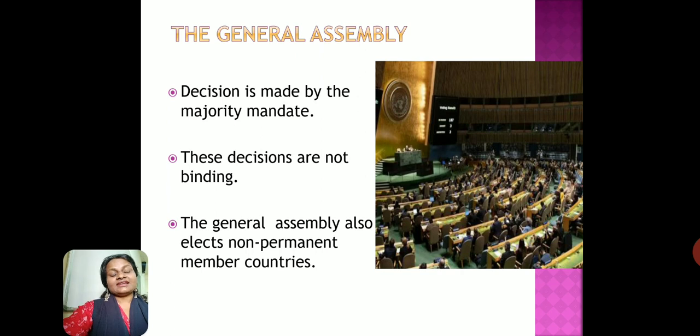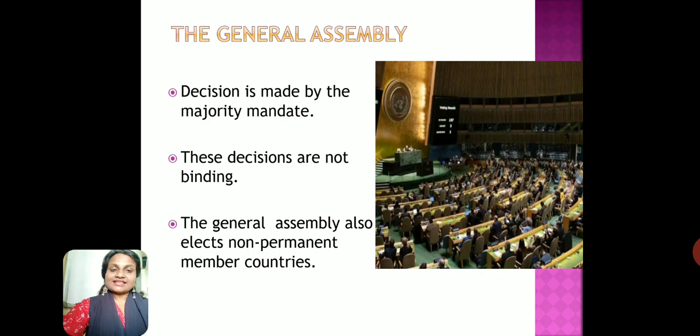The General Assembly also elects the non-permanent members. What does that mean? Countries want to join the General Assembly and participate in these meetings, but because they were not part of the founding members, they are not considered permanent. There are some criteria to be considered permanent.